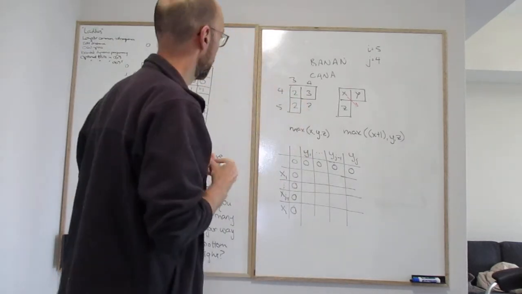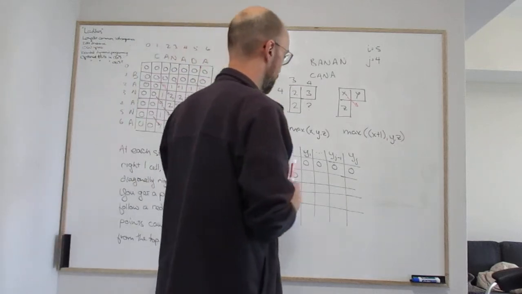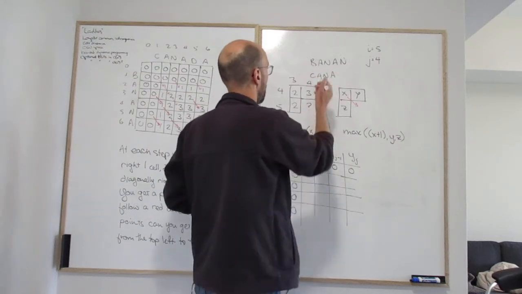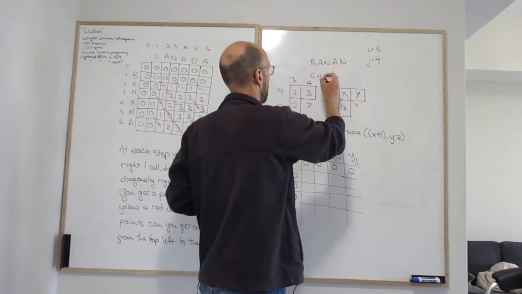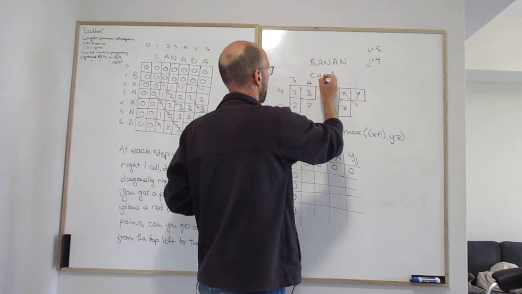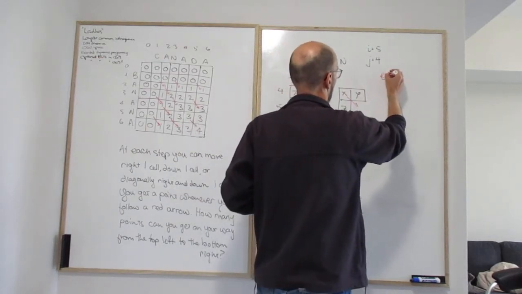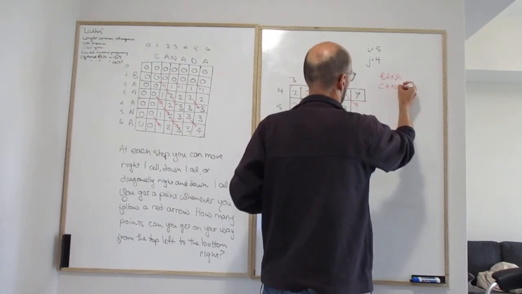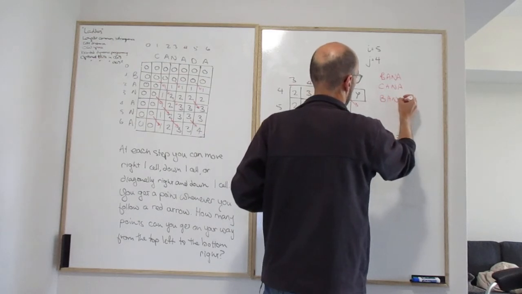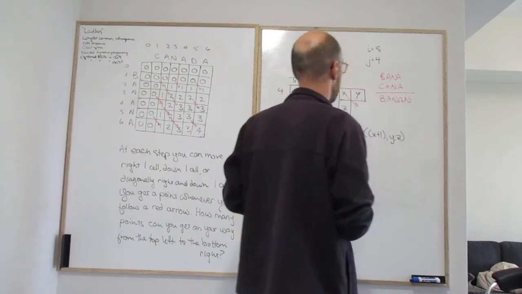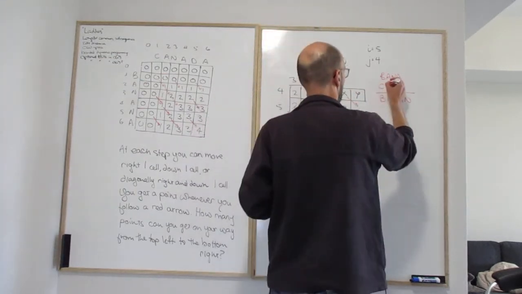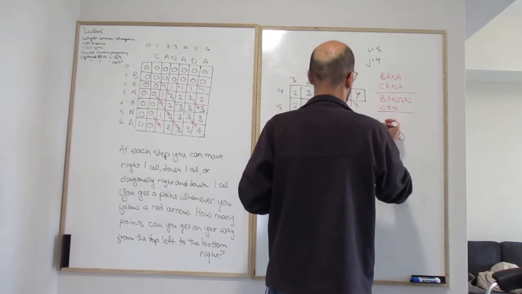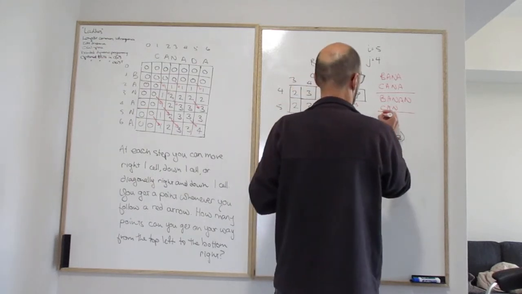So this can be either, so banan and kana is either, so we either have bana and kana, or we have banan, or we have 4 and 4 is bana and kana.